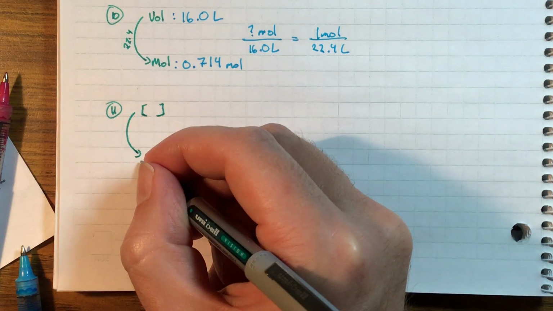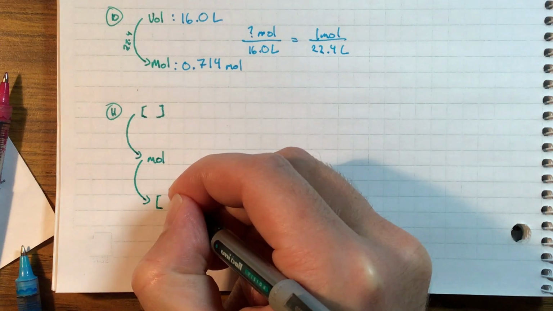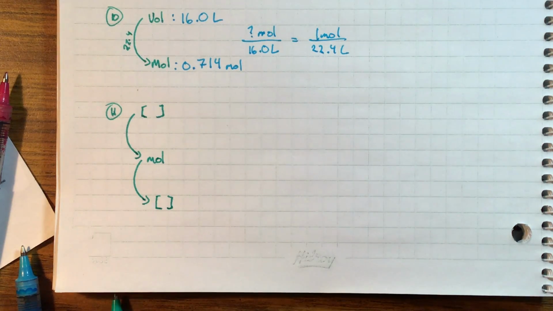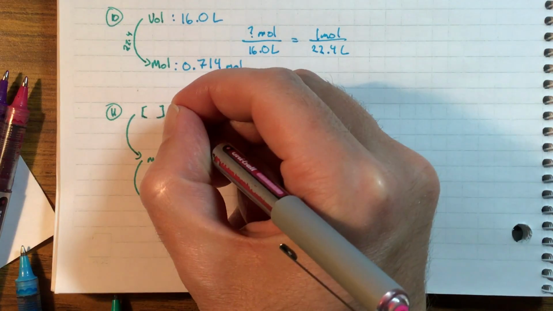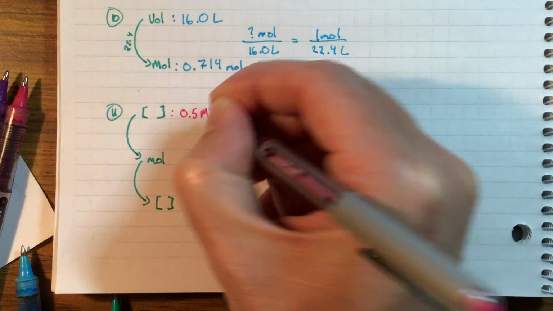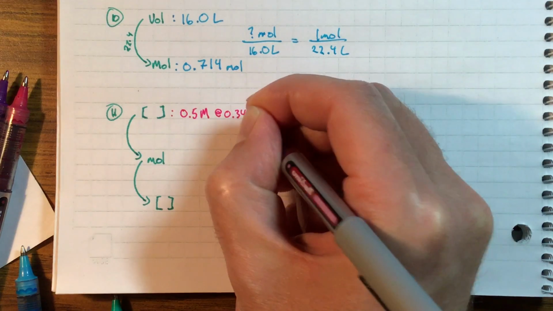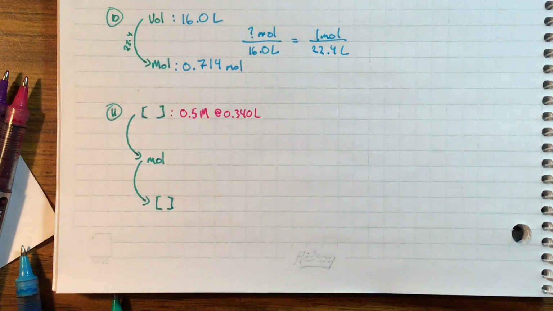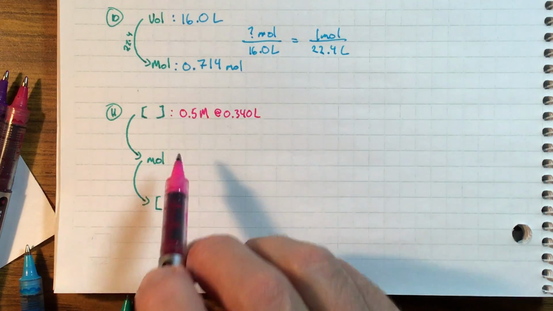And then we're going to go from our moles to our new concentration. So our first concentration is 0.5 M at 0.340 liters. So we can figure out how many moles there are.